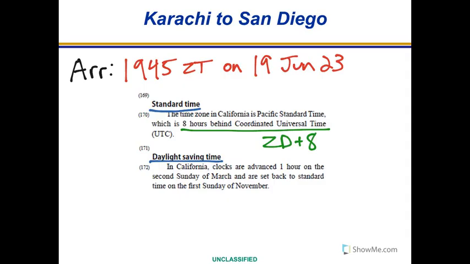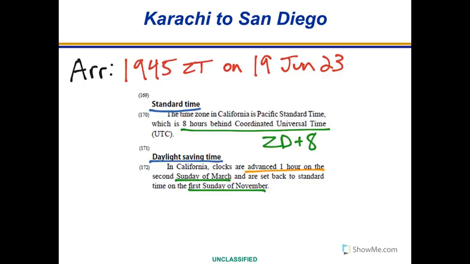Now that's not all. You always have to check daylight savings, whether you're in a US port or a foreign port. So for daylight savings, it says, in California, clocks are advanced 1 hour on the second Sunday of March and are set back to standard time on the first Sunday of November. We know that we are arriving in San Diego in June, so in this case, daylight savings time does apply because that's between the second Sunday of March and the first Sunday of November.